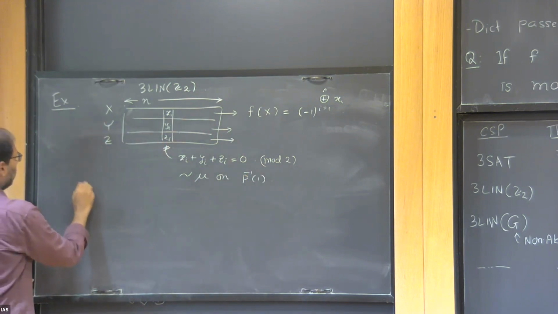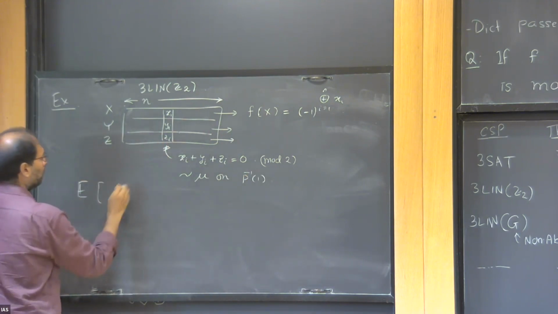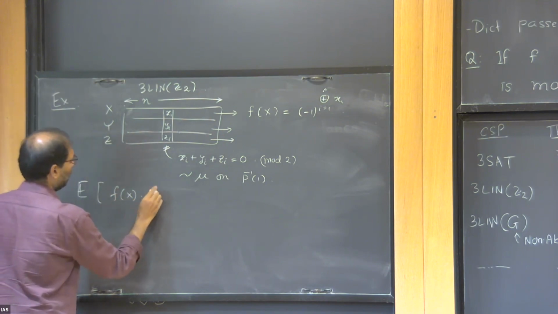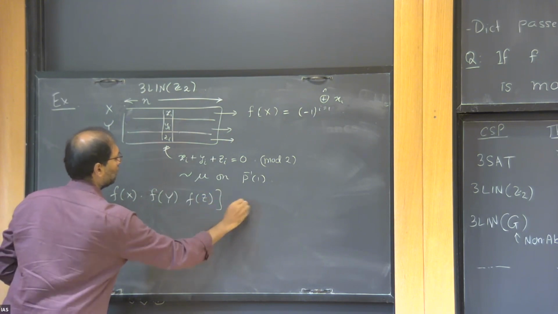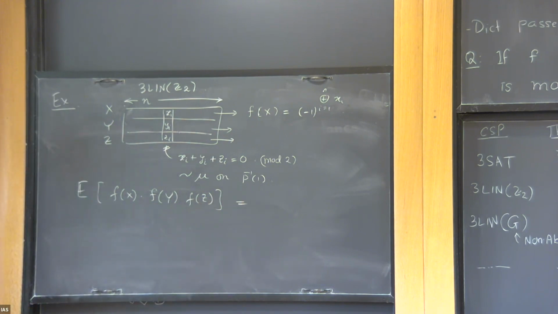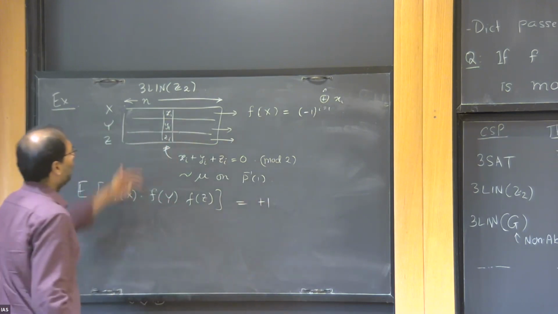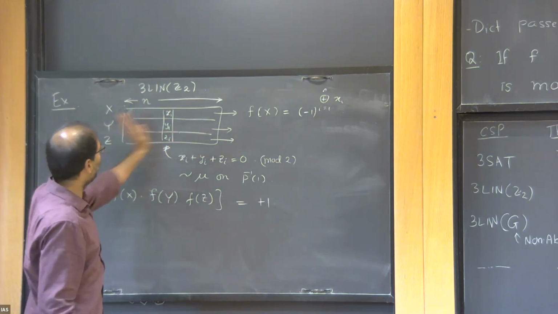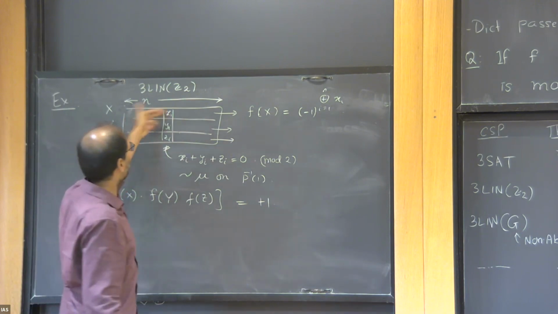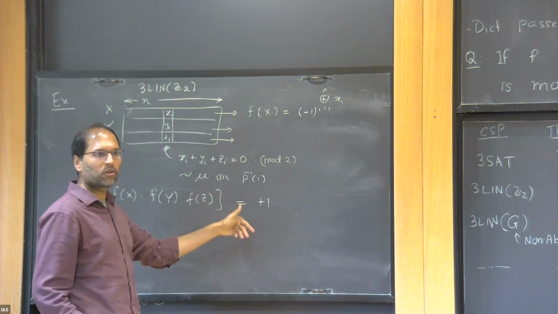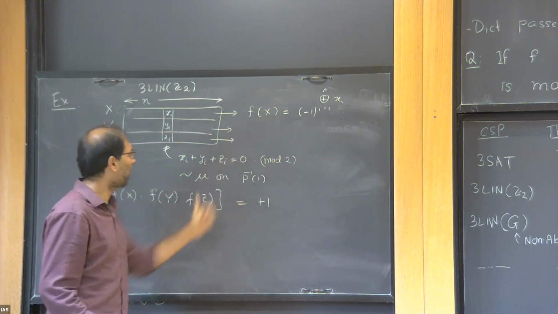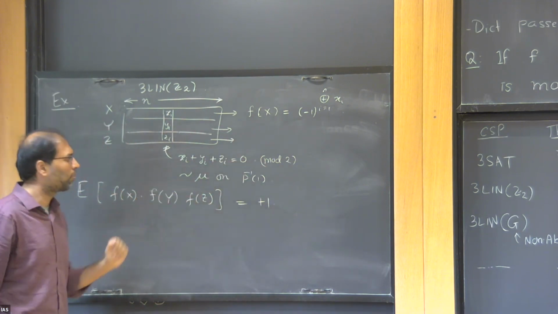Then what's the expected value of f(x)f(y)f(z)? It's +1, because if each column has 0 parity, the entire matrix has 0 parity. Therefore, if you take the parity of the rows, f(x), f(y), f(z), their parity themselves is also 0 in total, and in the plus-minus 1 notation your expectation will be +1.